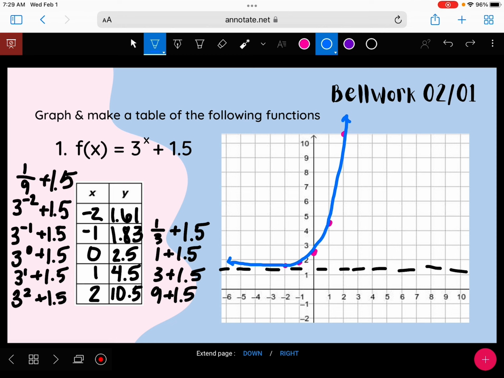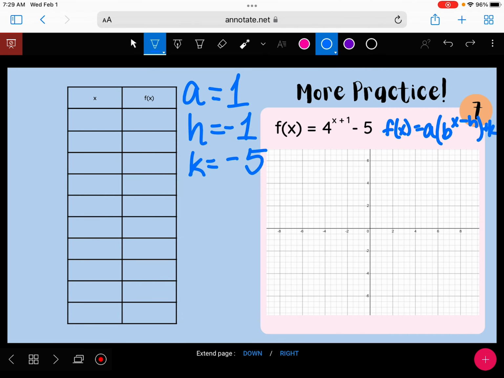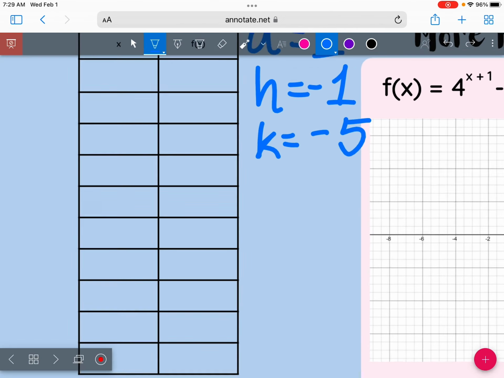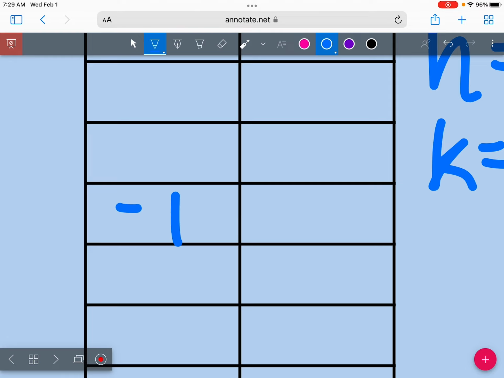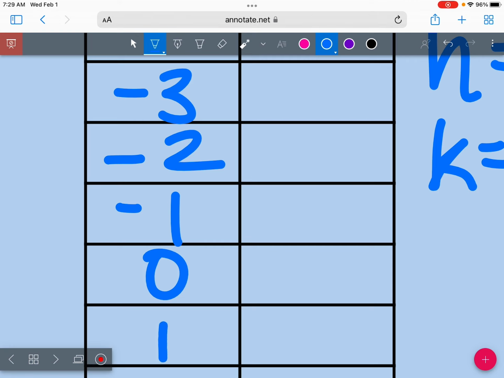What value was 0? A, h, or k? H. Yeah. We start with their h values to plug in. So we start with -1. And then we go up from there, and then we go down 2 from there. Okay? So we can start plugging these in then.